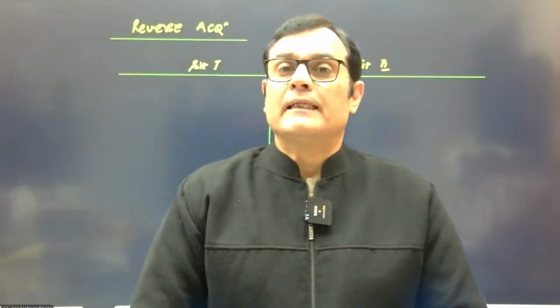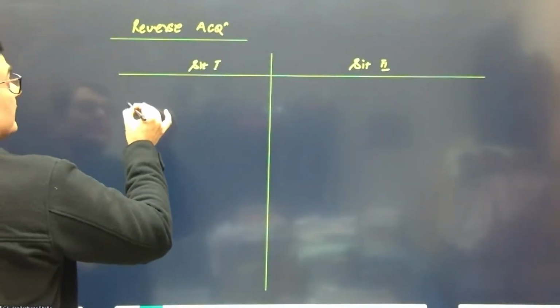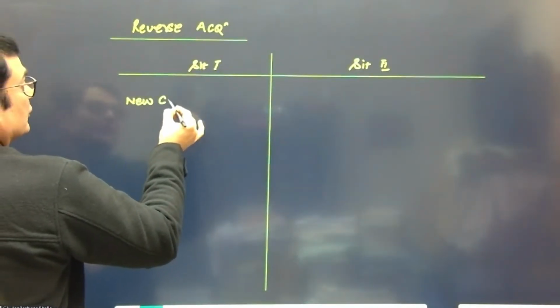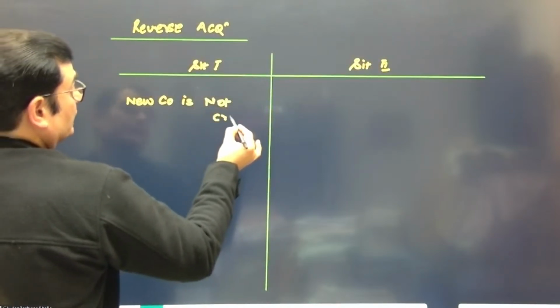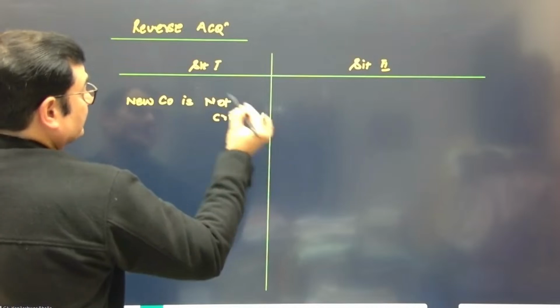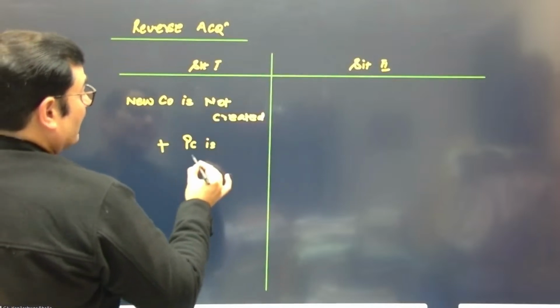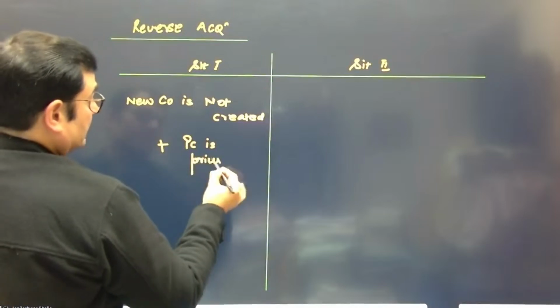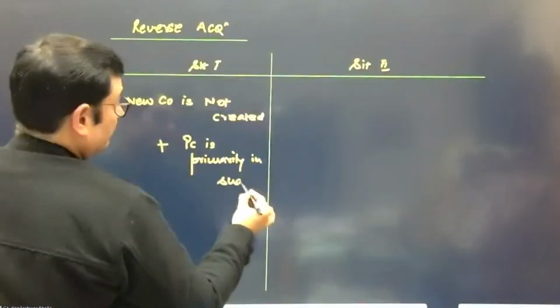We also saw that the consideration has to be in terms of equity shares, because the control gets diluted only when the consideration is given in the form of shares. So the first situation is that a new company is not created, and the purchase consideration is primarily in shares.